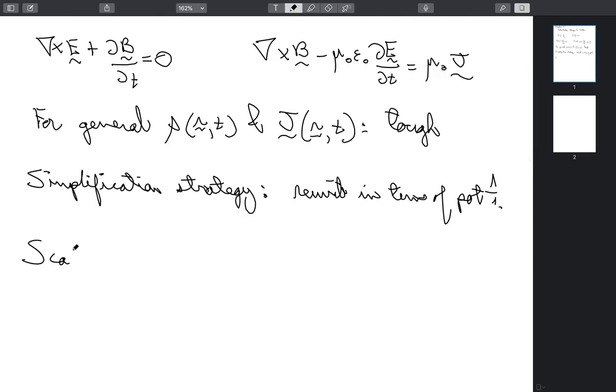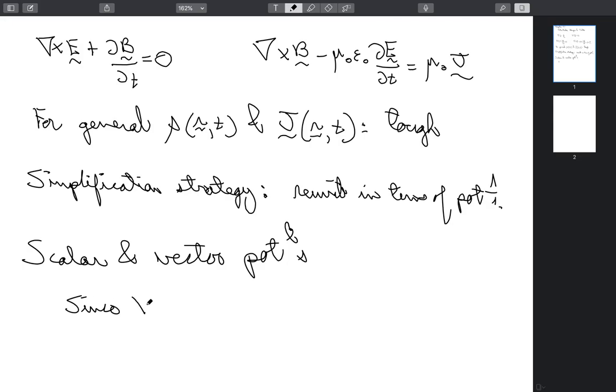You'll remember we have scalar and vector potentials. Okay, potentials. So how does this work? Because the divergence of B is equal to 0, it means that automatically we can write B as the curl of some other object.